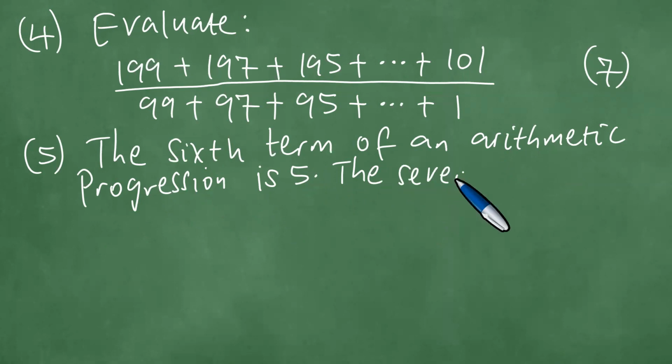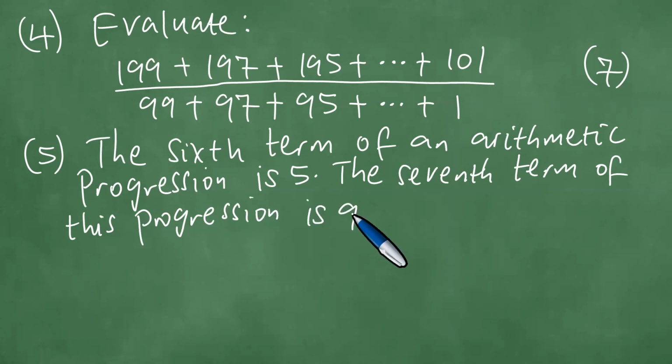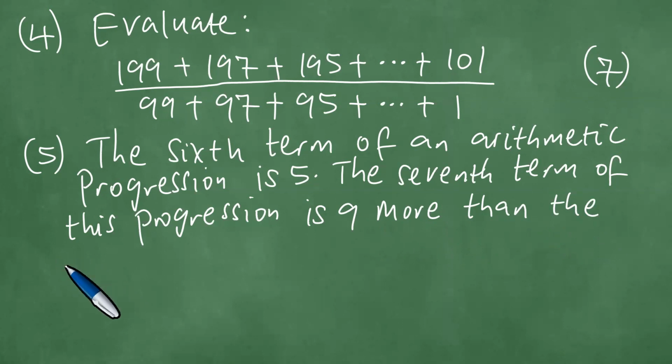The seventh term of this progression is 9 more than the fourth term.